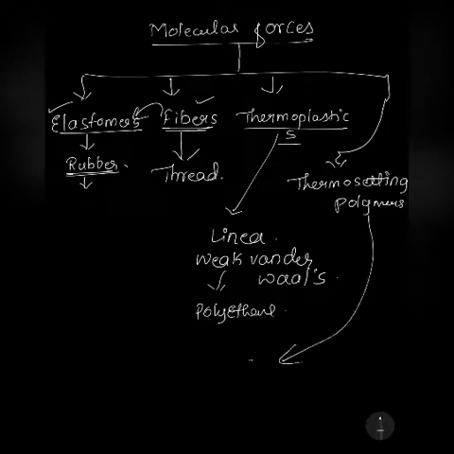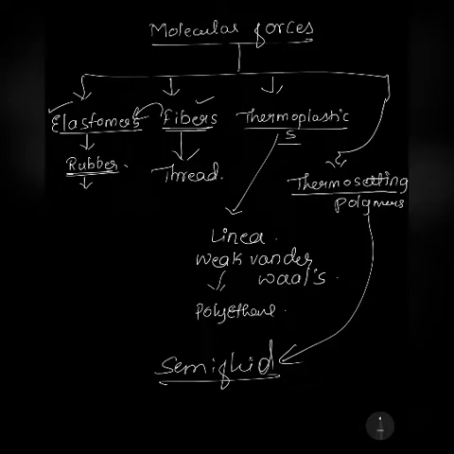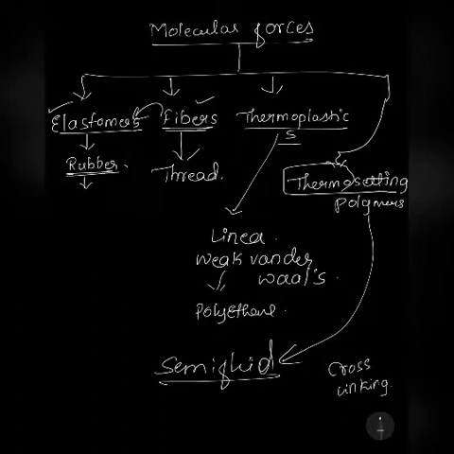And coming back to thermosetting polymers, these are semi-fluid molecules. Remember, these are semi-fluid with low molecular mass, but when heated, that is what the word thermosetting means. You might have heard about setting of cement, how it becomes a hard mass once you add water. Here also, thermo means heat. If you heat them, they undergo extensive cross-linking and become a hard, infusible mass.